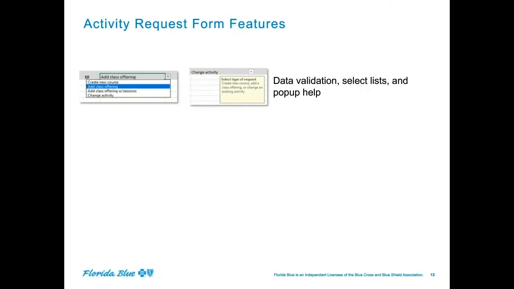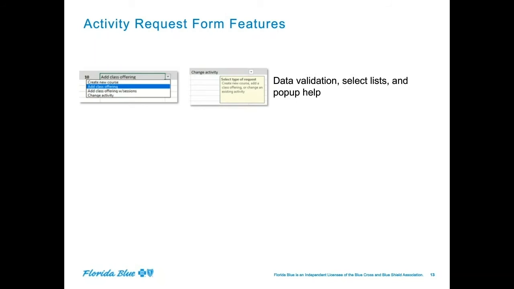Some of the features of the request form that make it really useful: the form has data validation, select lists, pop-up help, and locked cells. The data validation helps the submitter understand what data we're asking for, because some of it is in what I call Guidewell Learning speak, because the system asks us that question in that format.